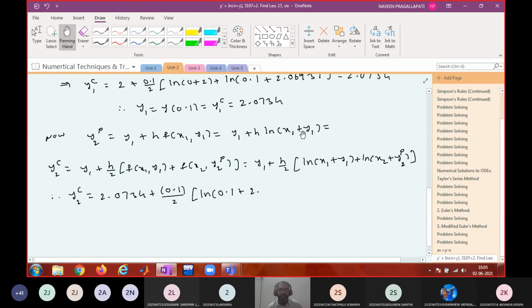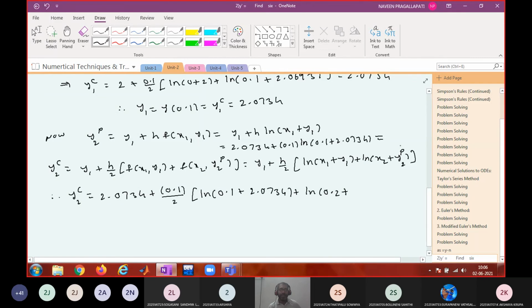Substitute those values. What is this value? 2.1510.